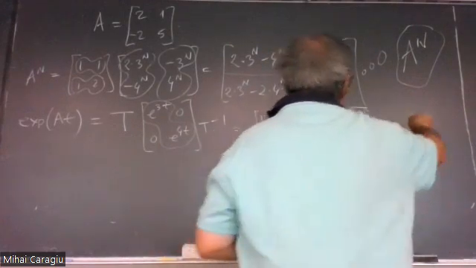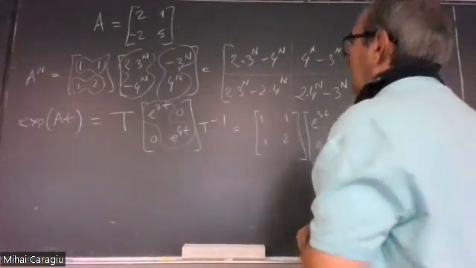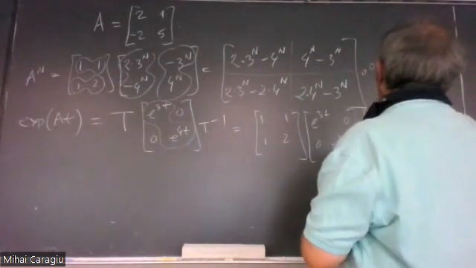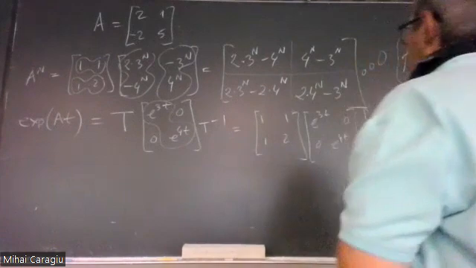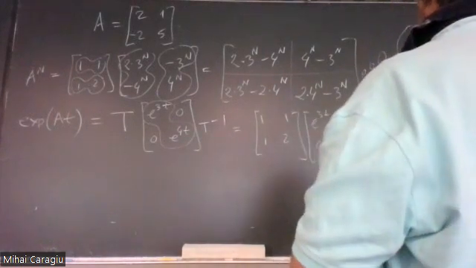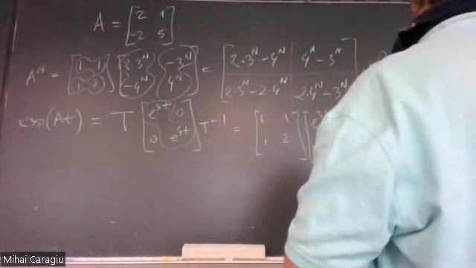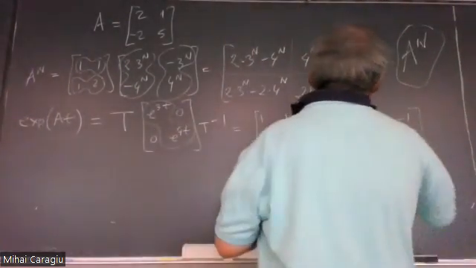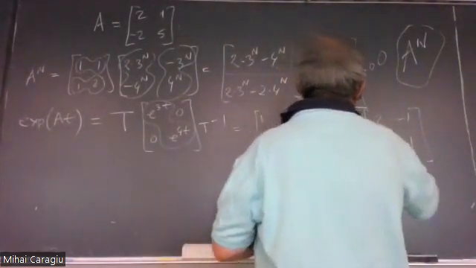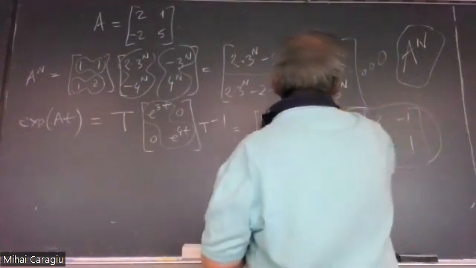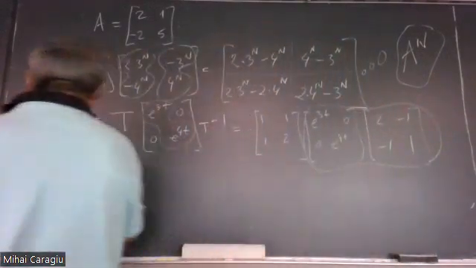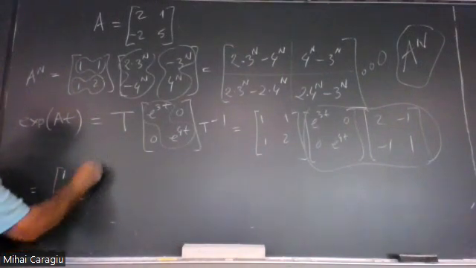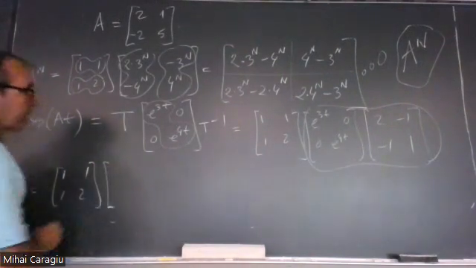And T inverse will be, well, 2, 1 on the main diagonal like we did before, and then minus 1, minus 1. As before, we have to multiply these two together and then keep this here. So this will be 1, 1, 1, 2 multiplied by.